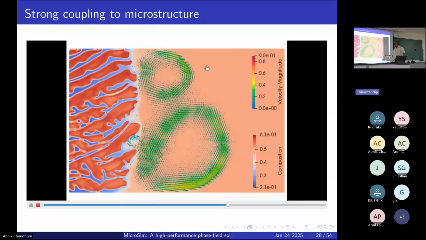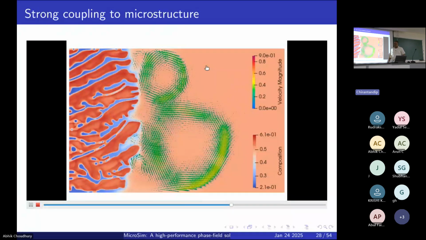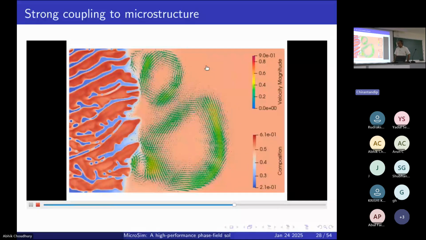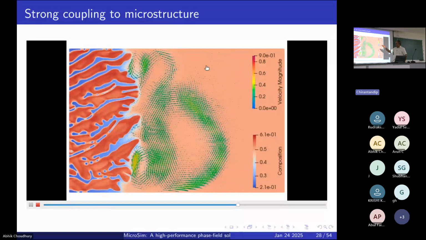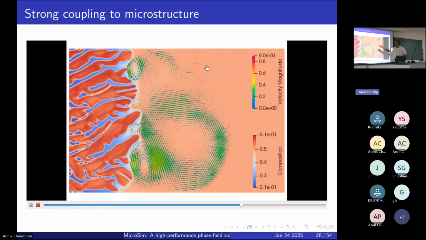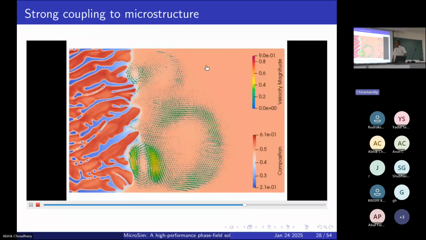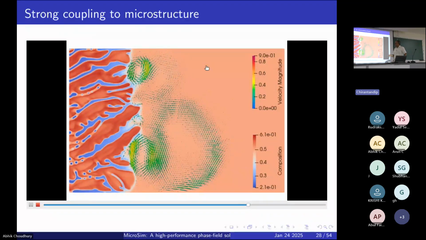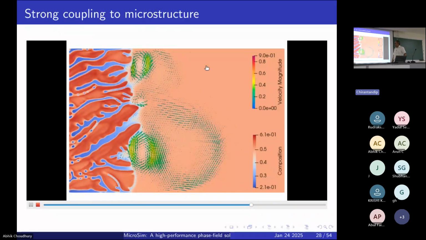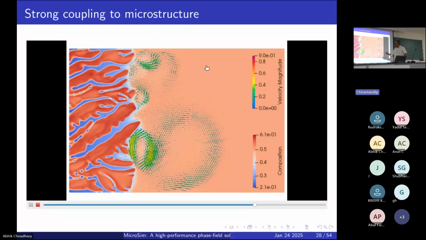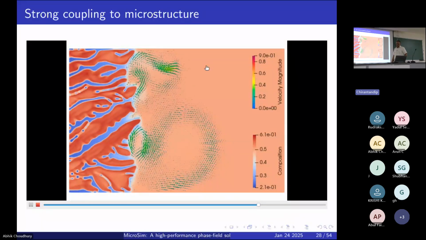Alright, so you can see that as these vortices start to interact with each other, they start to open up space and start to give signs that freckle formation can be understood very soon if we can do this at a much larger scale.